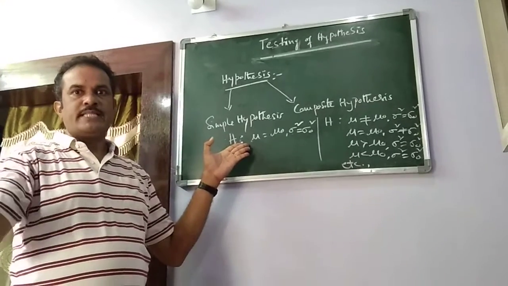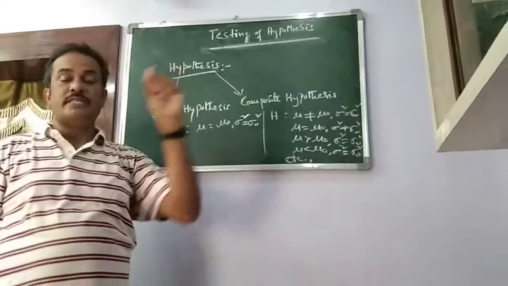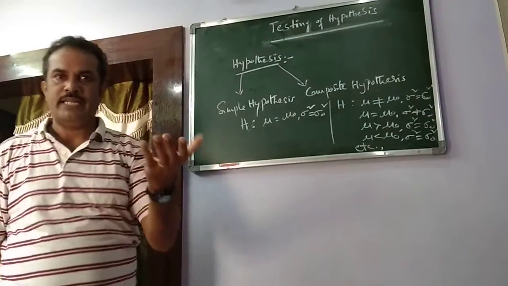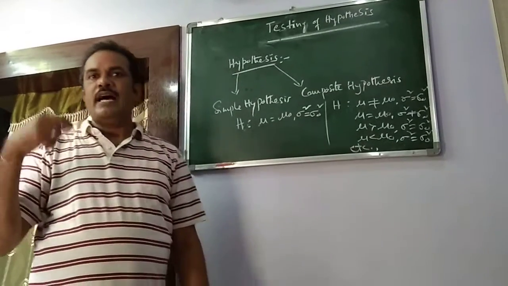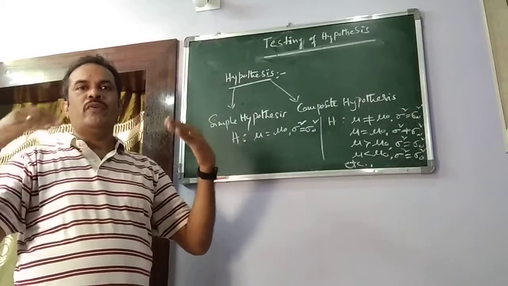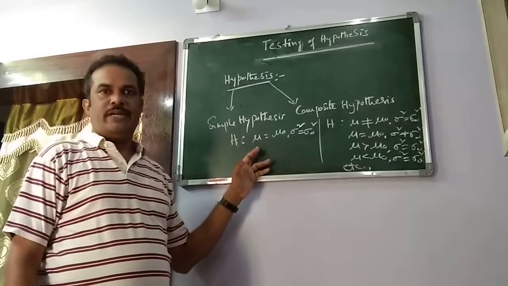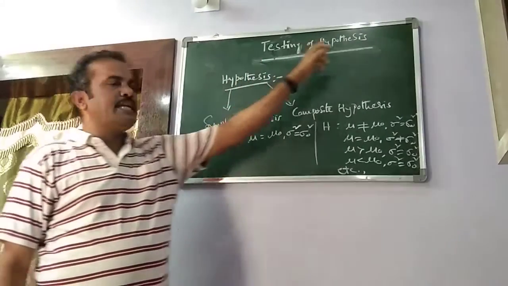What is required for the test of hypothesis? Generally, the testing of hypothesis depends on a two-action decision problem: one is acceptance, the other is rejection. Depending on acceptance or rejection, we will state the conclusion about that statement. That is the testing of hypothesis.